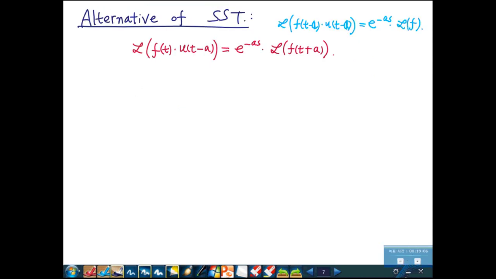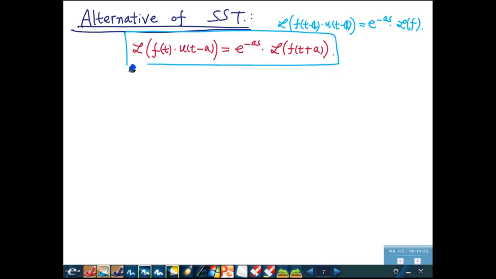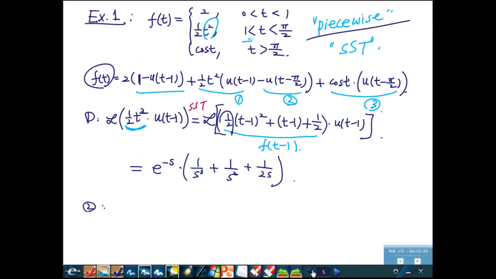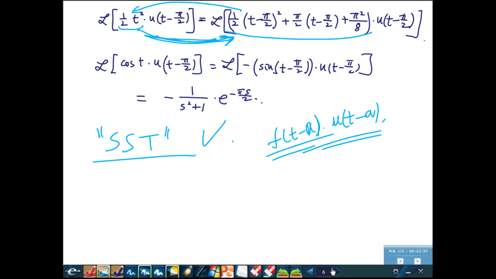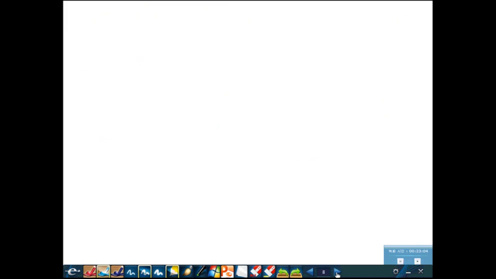I'm going to derive the alternative of the second shifting theorem. What happened? Right? The second shifting theorem is this. You have to do this, right? So we're going to use the second method, the alternative, to calculate that. All right.